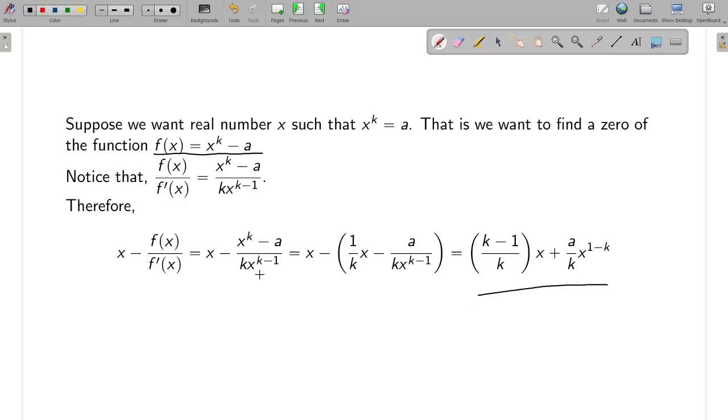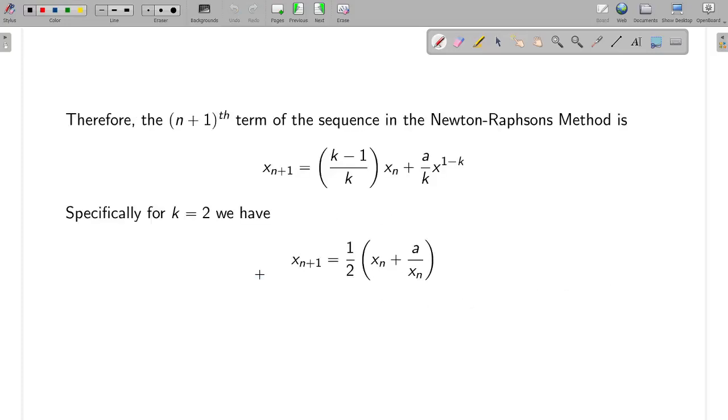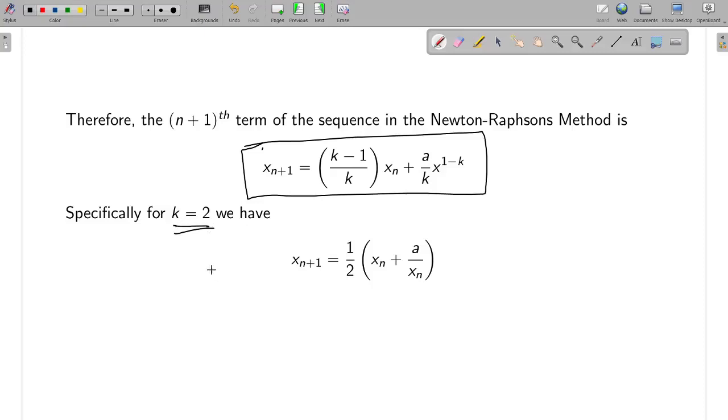So from here we can tell what the next value will be given the starting point. Specifically, in the case when k is 2, that is, if I'm trying to find the square root of a, what I get is x_{n+1} is half of x_n plus a upon x_n. So this is the simple formula.